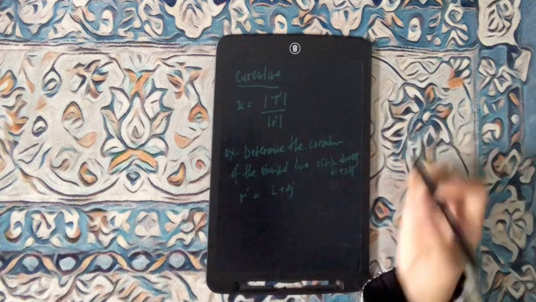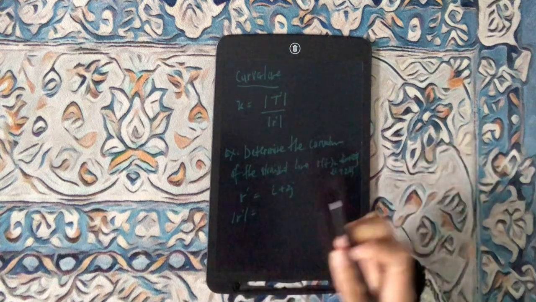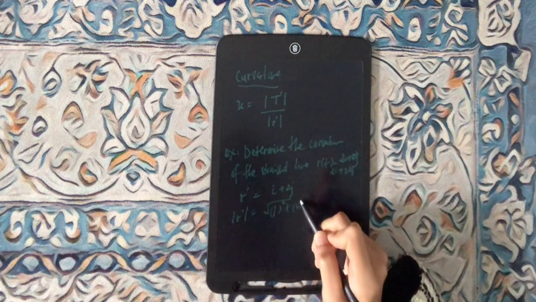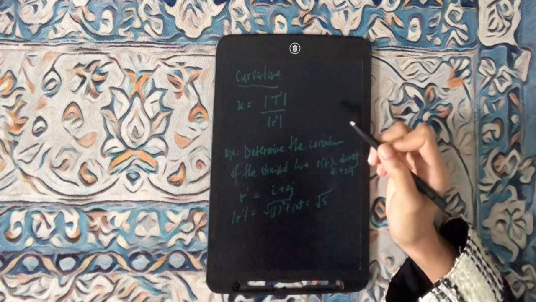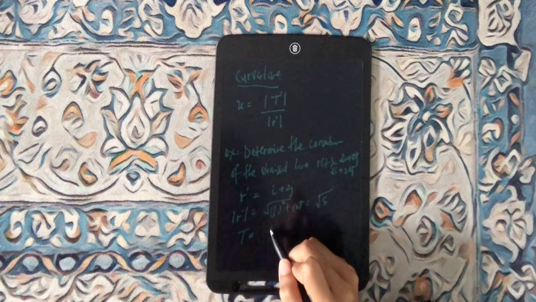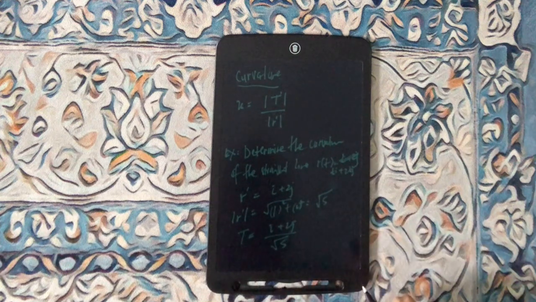Then find the magnitude of r prime. It will be the square root of 1 squared plus 2 squared, which is the square root of 5. So your T will be i plus 2j over the square root of 5. This is your unit tangent.